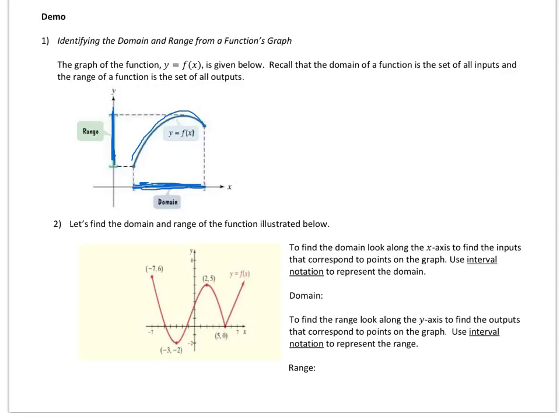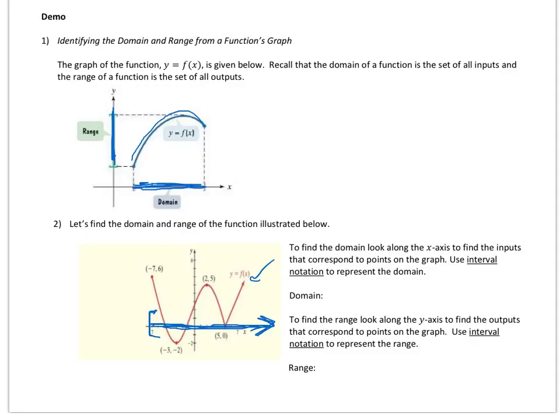So let's find the domain and range of this function graphed below. To find the domain, we look along the x-axis to find inputs that correspond to points on the graph. We're going to use interval notation to represent this. It looks like all of these x values have points that live on the graph, and it just keeps going forever because of this arrow right there, that graph just keeps going to the right and up forever.